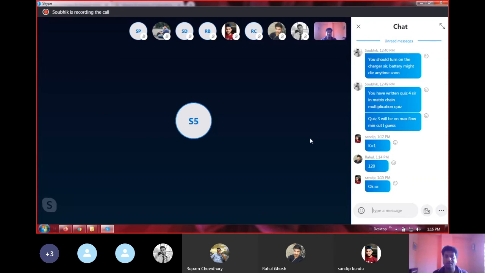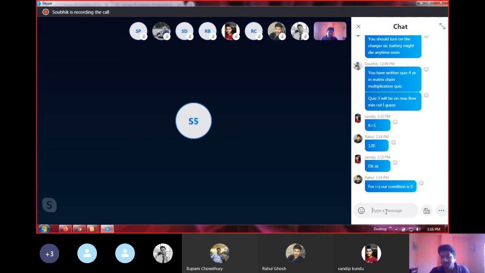Shobik? Rahul? Mii equal to 0, why? Sir, row and column are equal. Row index and column index are equal. So in that case, why Mii equal to 0? What is the meaning of that?